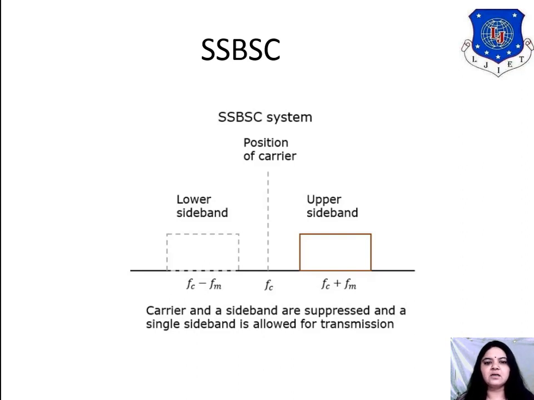In this, the lower sideband we are suppressing, and the position of the carrier you can see can also be suppressed, and the upper sideband, that is fc plus fm, is chosen for the transmission. So the carrier and a sideband are suppressed, and a single sideband is allowed for the transmission.